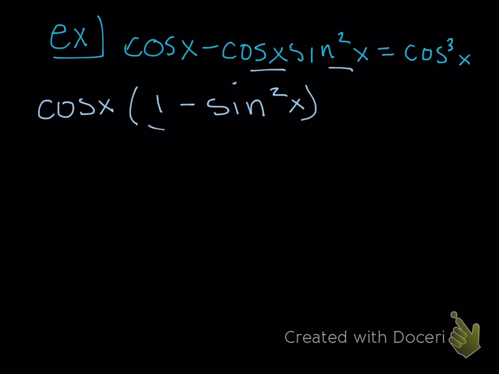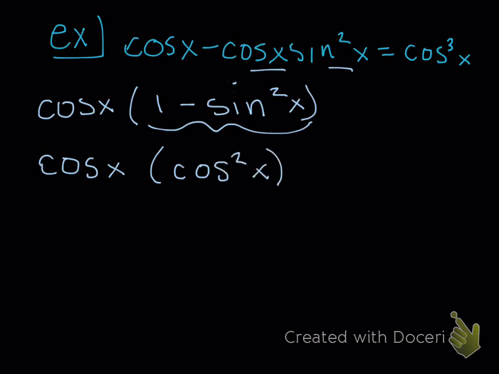So I know that this can be replaced with cosine squared. So I have a cosine squared in here. And now a cosine times a cosine squared is cosine cubed. So I verified the identity. All right, let's try another one.